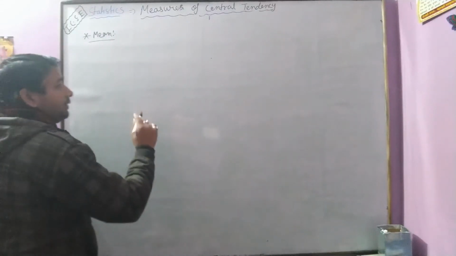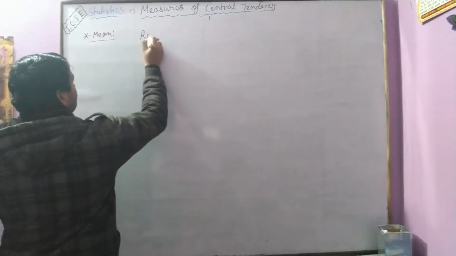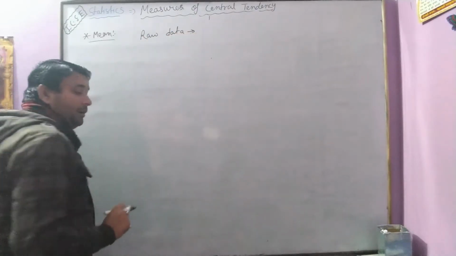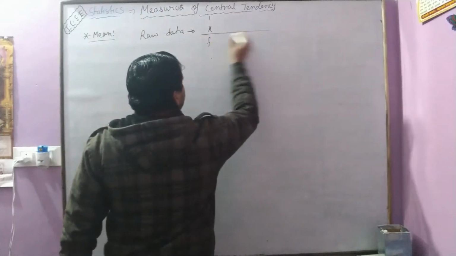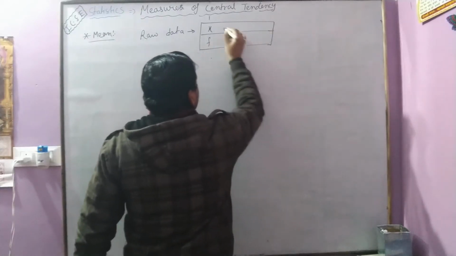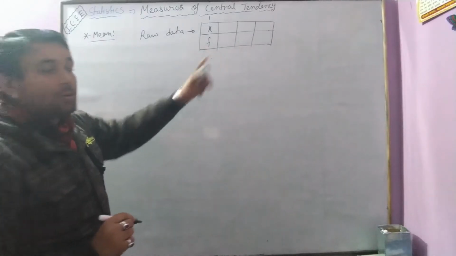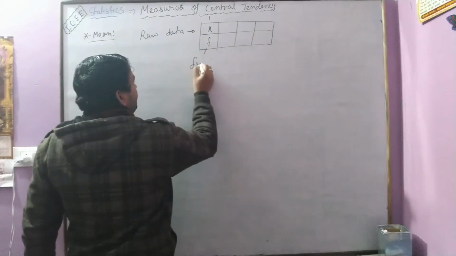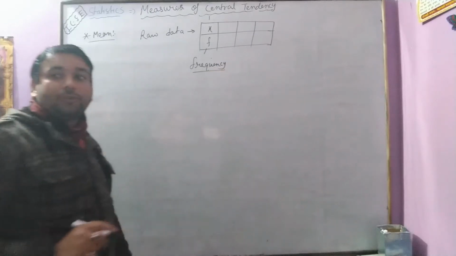One, the single row data, a data which is given as x and f, where x is the number of observations and f is the frequency of data.